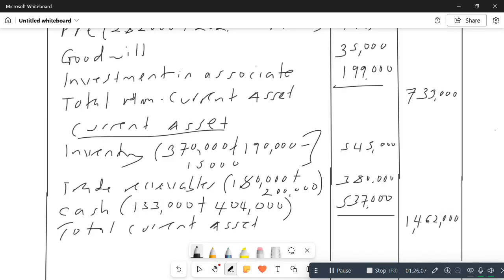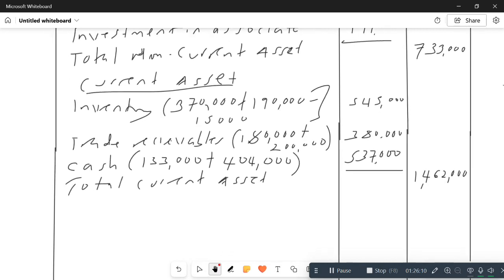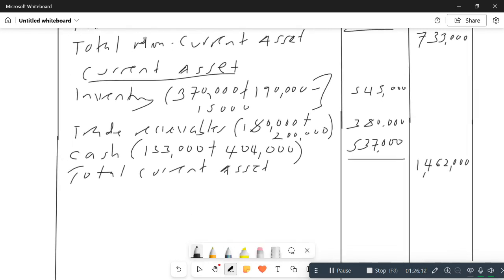Now, if we are to get our total assets, we shall add non-current asset plus current asset, which is 773 plus 1,462,000, which is 1 million. Sorry, it is 2,195.